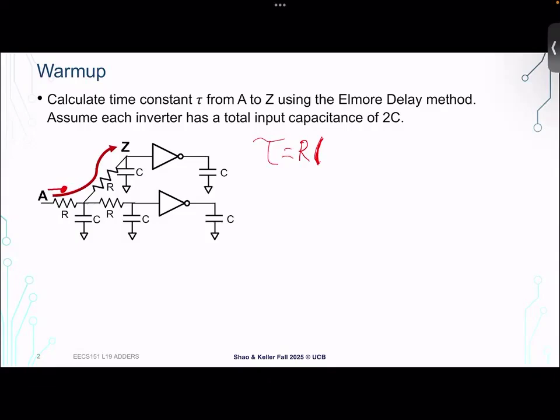Well, let's try this example first. So what is the downstream capacitance from this first node? Yes. Can you explain how you counted that up? Talked about last time, all potential paths. Mm-hmm. So there are a few capacitors.